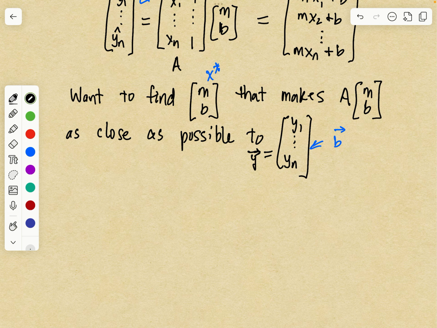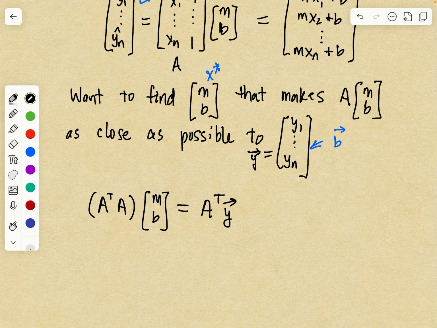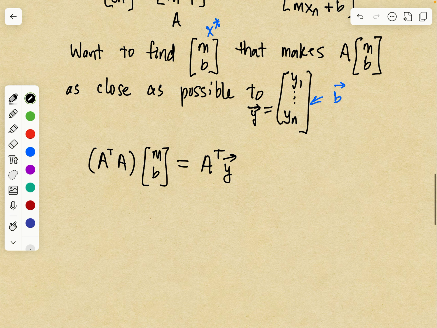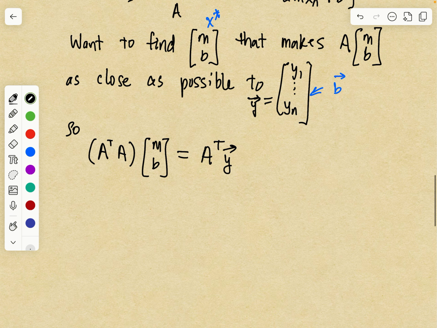So from the formula, A transpose A times the vector MB equals A transpose times y. And we can solve this for the vector MB, and that will give us our best fit line.